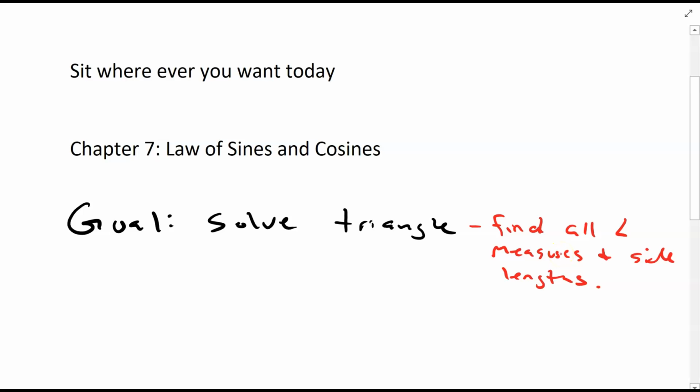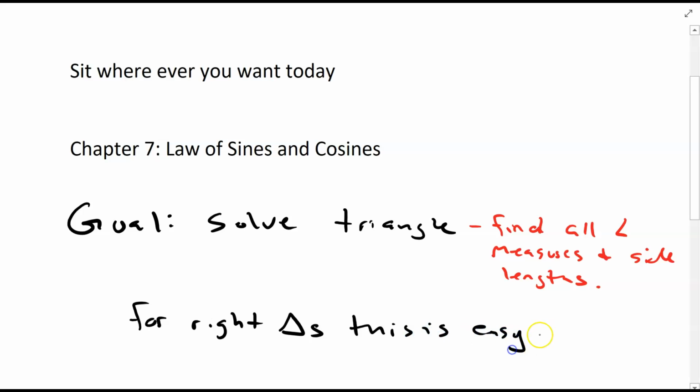So when we talk about solving a triangle, we want to be able to find all the angle measures and all the side lengths, right? Now, for right triangles, this is easy. We've already done this.